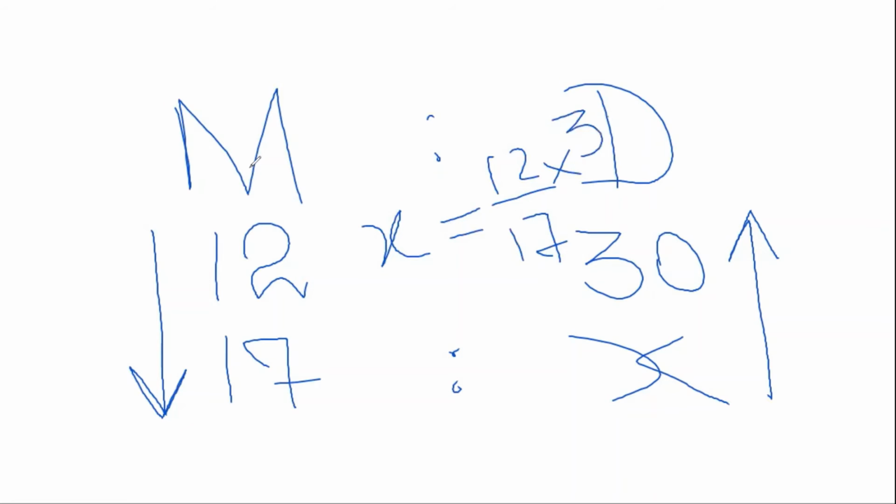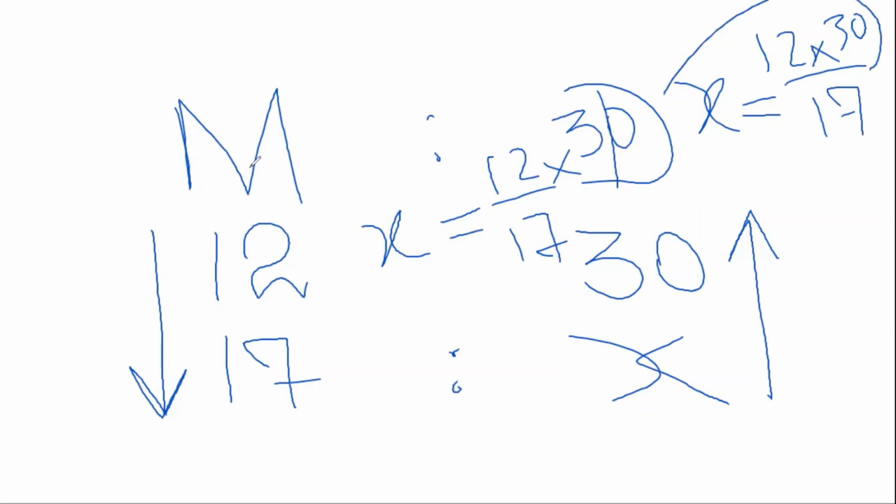From here you can find the right answer: 12 into 30 over 17. You can make the calculation very quickly and you will get the answer. So what is the answer? If you have a calculator, you can do some calculation.